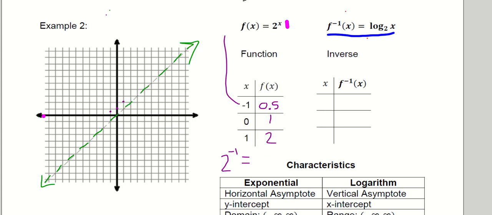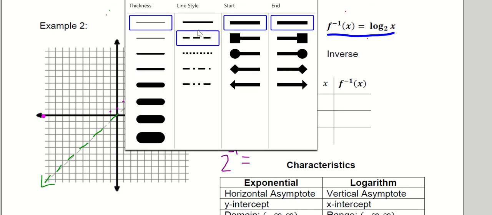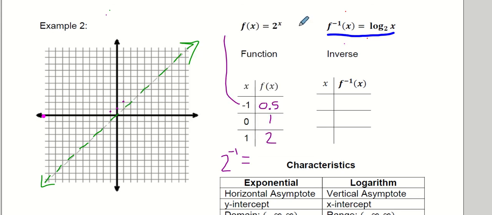Sorry, it's just taking a minute. Because there's nothing here, no +2 or whatever, that means my horizontal asymptote is at 0. So there's my horizontal asymptote. And again, the reason for that is because here you would say there's +0 there.